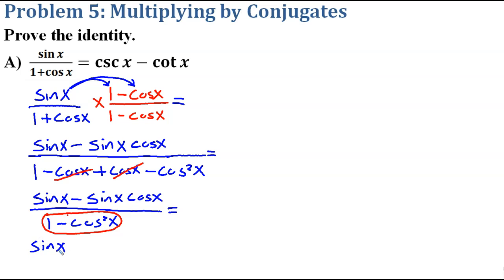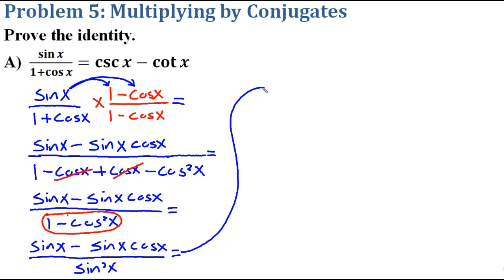So I can say sine x minus sine x cosine x over sine squared x. And again, I'm getting that sine squared x from a Pythagorean identity. Now what I can do is factor my numerator.